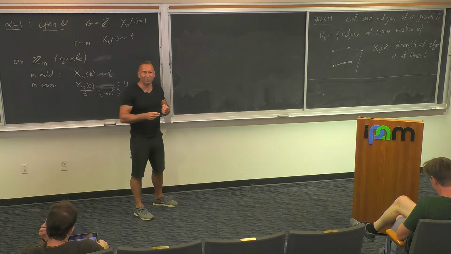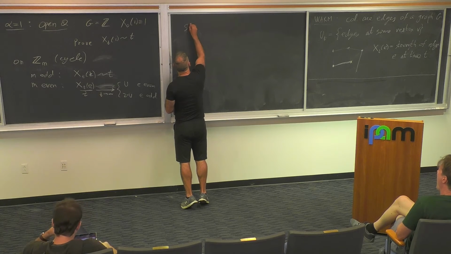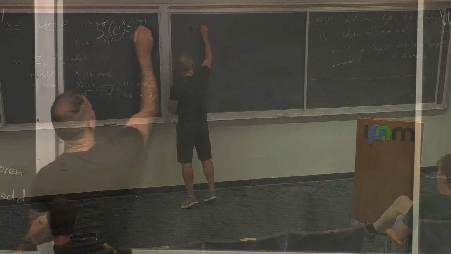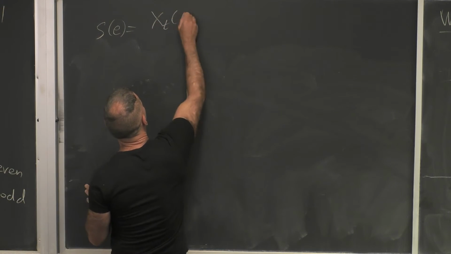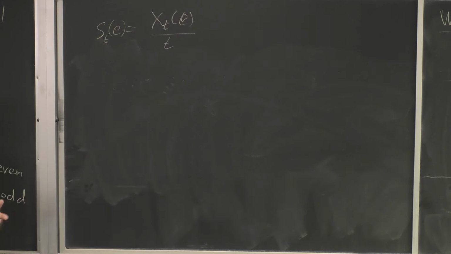You can say, let's suppose that S of E, so this is x_t of E divided by t, is just the fraction of edges. And you can try to treat this as a dynamical system on the vector S.